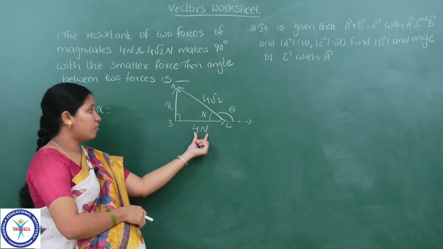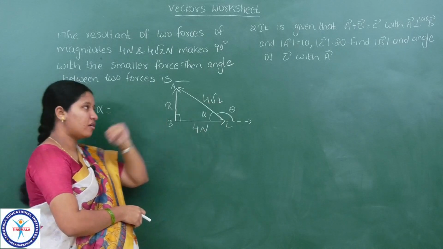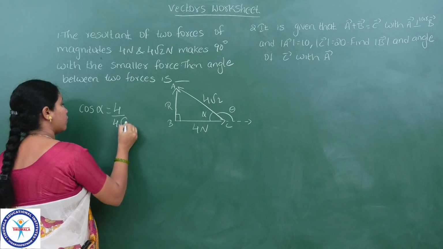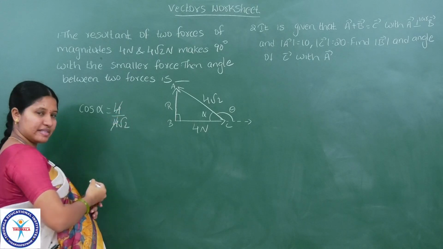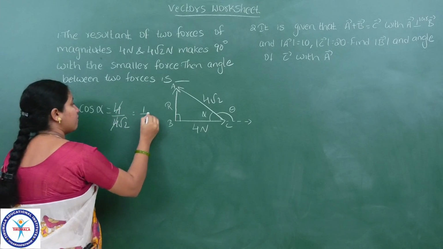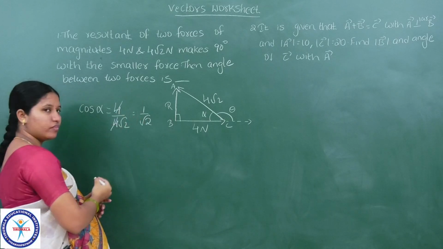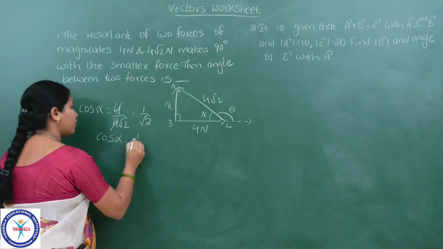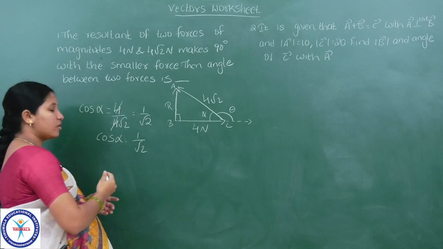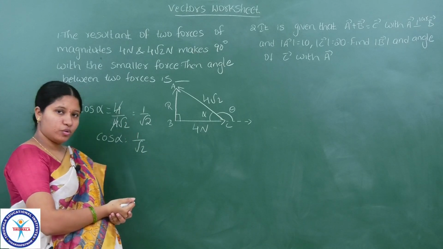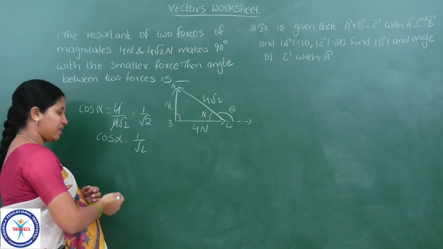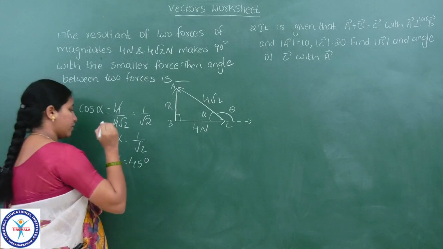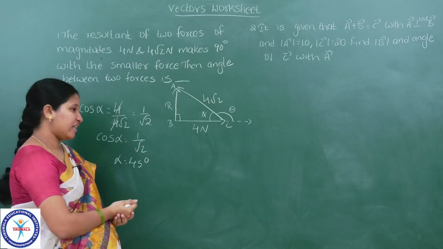Adjacent side is 4 Newtons, hypotenuse is 4 root 2. 4 by 4 root 2, 4 and 4 get cancelled, we get 1 by root 2. So cos alpha is equal to 1 by root 2, which means alpha is 45 degrees.